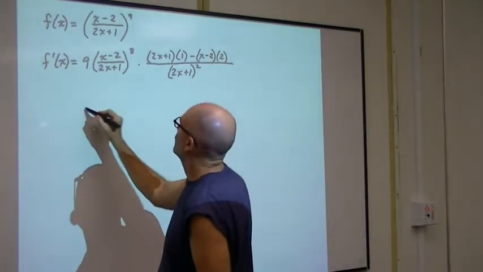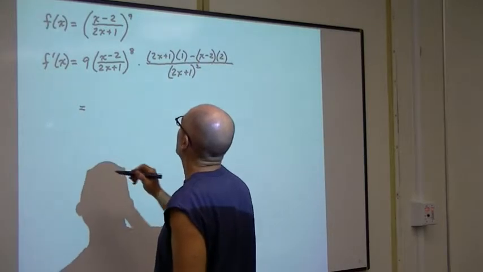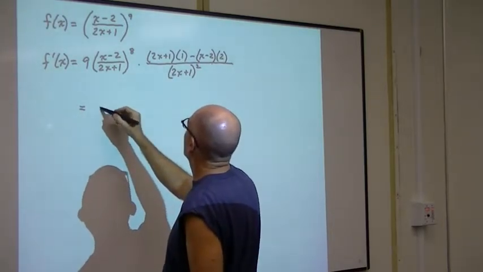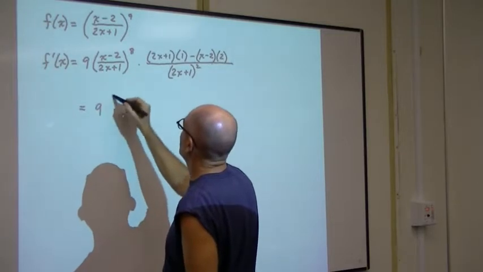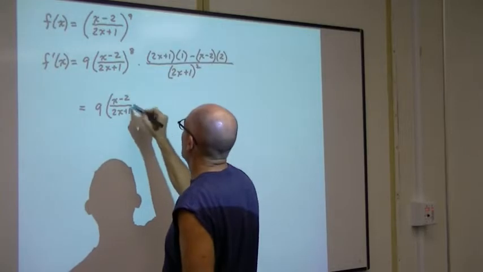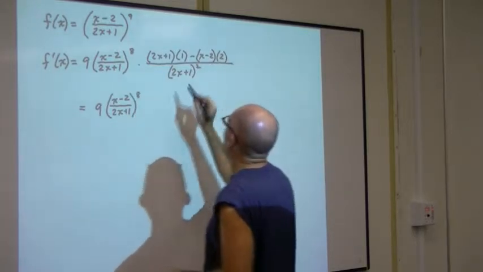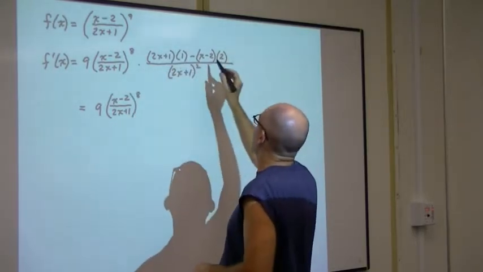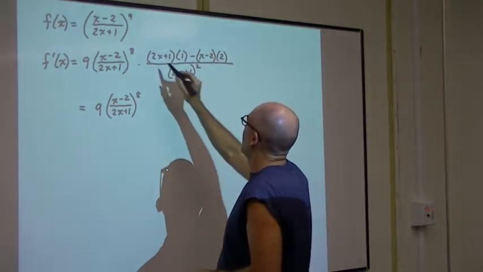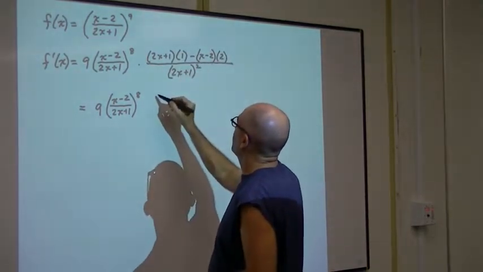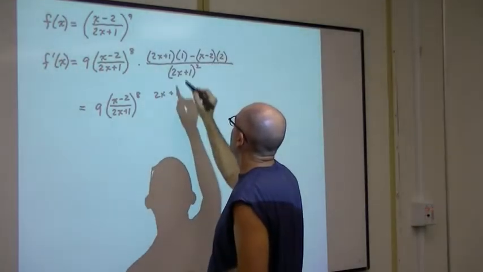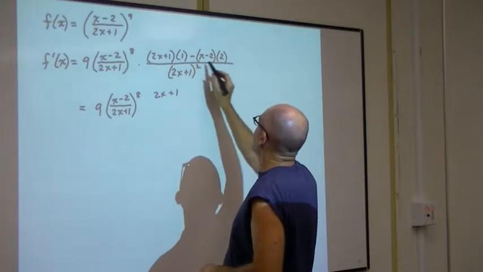We can make this (x minus 2)/(2x plus 1) to the 8th. Now what we have here is 2x plus 1 minus 2x. So it's 2x plus 1 times 1 minus 2 times this.